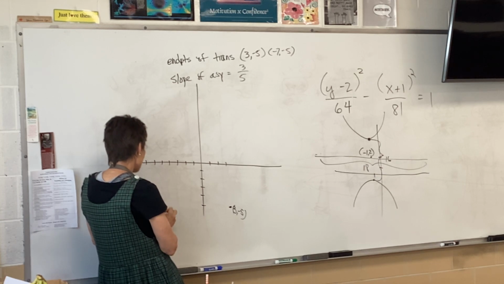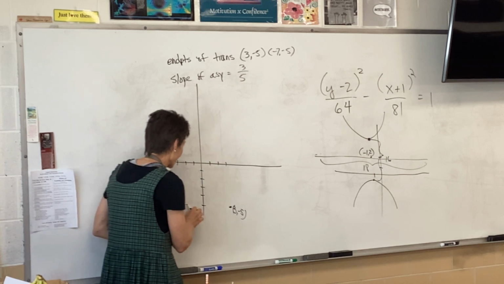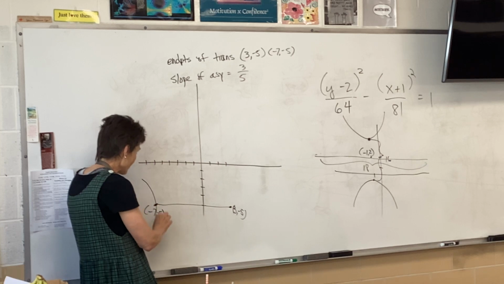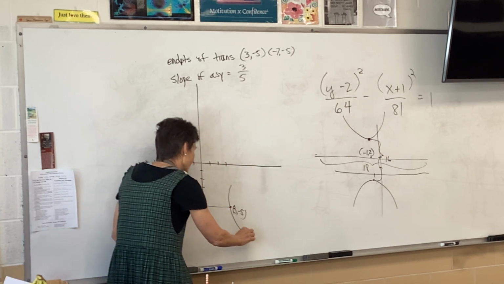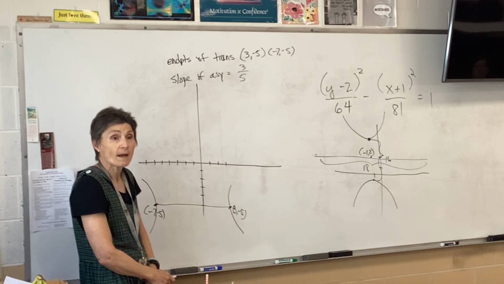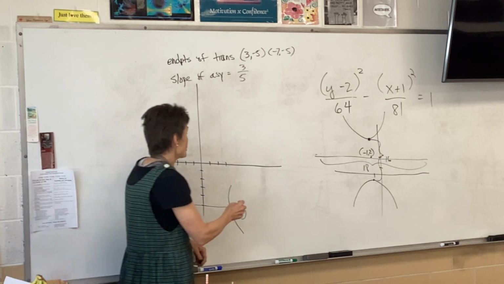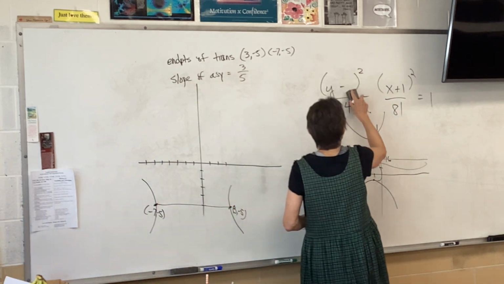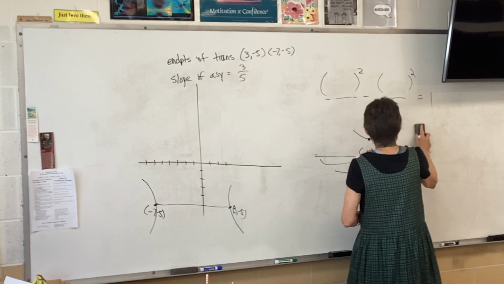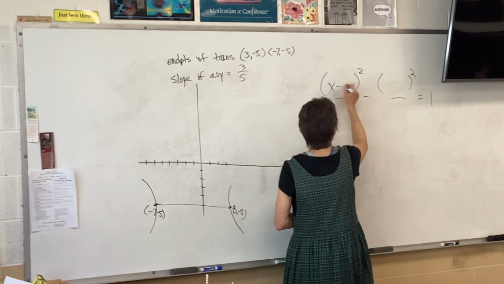Now, just look at that. This is the transverse axis. Doesn't that tell me that these two points are the vertices, and therefore my hyperbola opens sideways? So in terms of my equation, what's going to come first? If I know I'm opening sideways, x is going to come first.